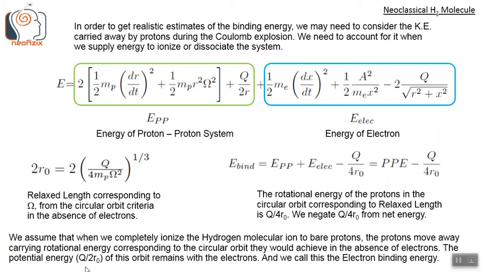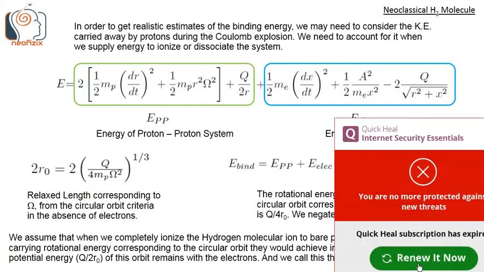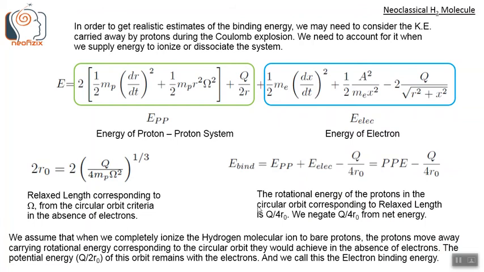The potential energy of this circular orbit with relaxed length remains with the electron; the kinetic energy is carried away by the protons. We call this the electron binding energy term. The electron binding energy term is nothing but the total energy of the three particle system minus the kinetic energy of the protons, Q by 4 R0.